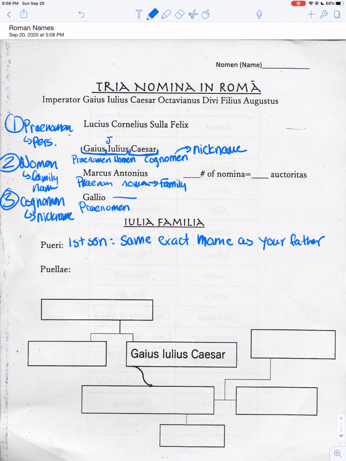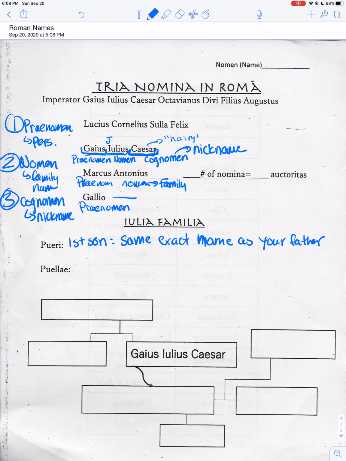So one of the historical things is that Caesar actually means hairy. Back when one of Caesar's ancestors got this name, Caesar meant hairy. So one of his ancestors was hairy, and the Romans thought, you know what, we need to distinguish these Gaius Juliuses.